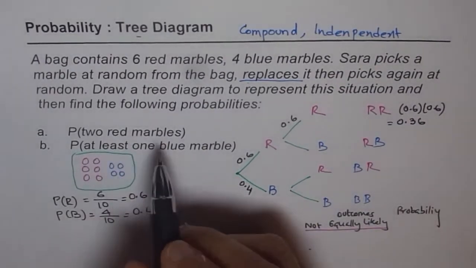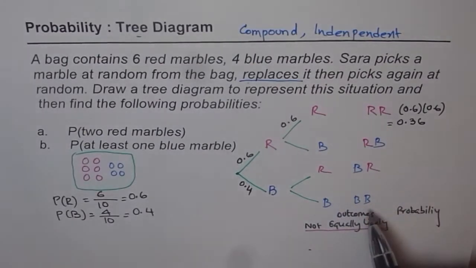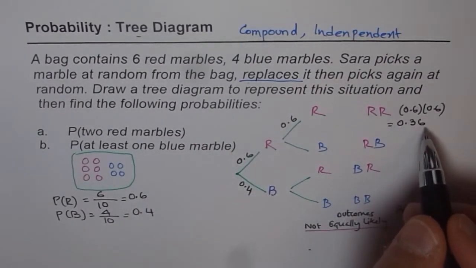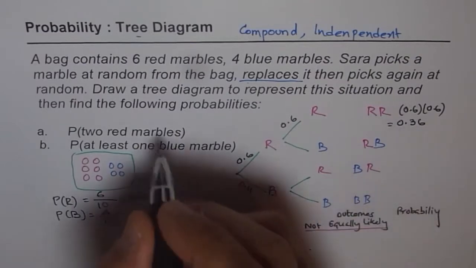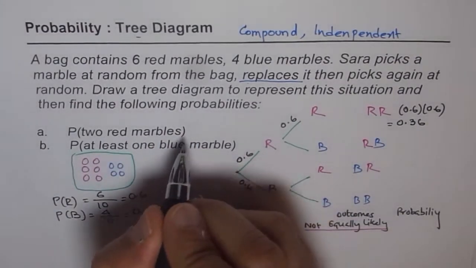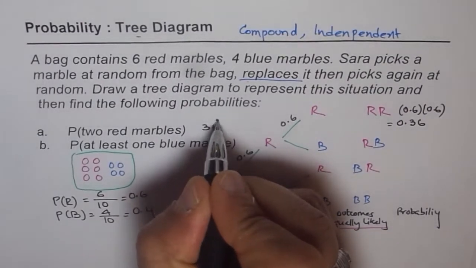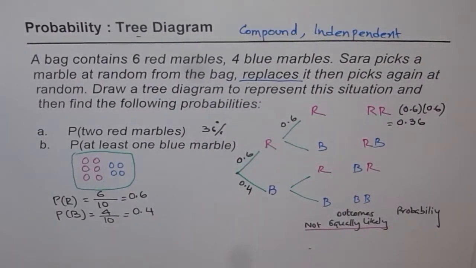So probability of getting 2 reds is not 1 out of 4. It is 0.36. Is 36 over 100. Do you understand? That is what the probability is. So probability of getting 2 reds here is, you can say 36%. So in percent I can write this as 36% is the probability of getting 2 reds, right?